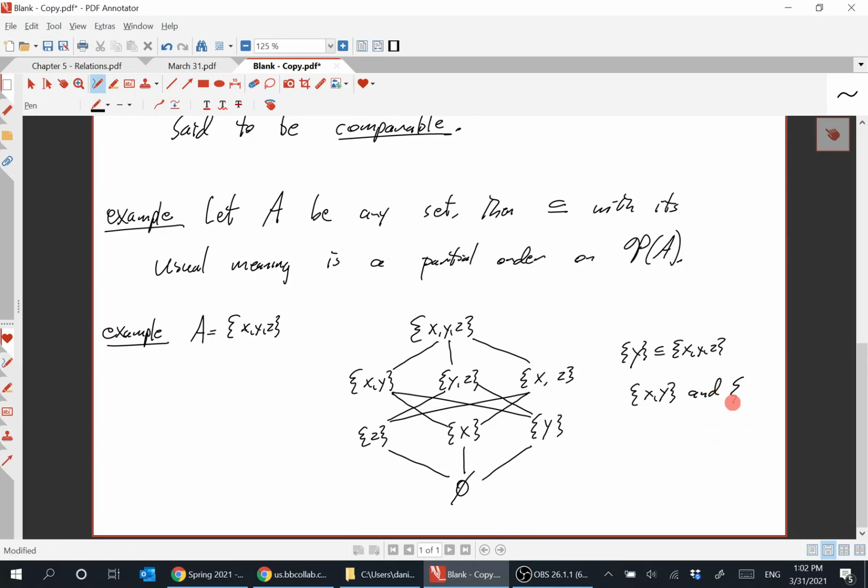And {y}, {z} are not comparable. So this diagram is called a Hasse diagram.